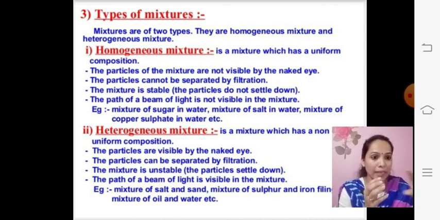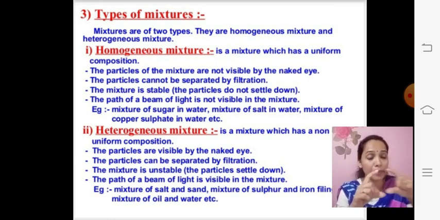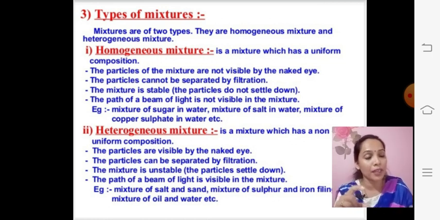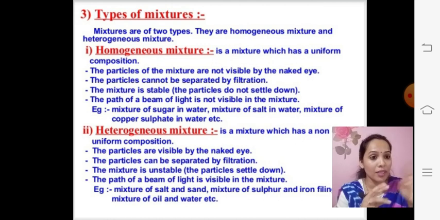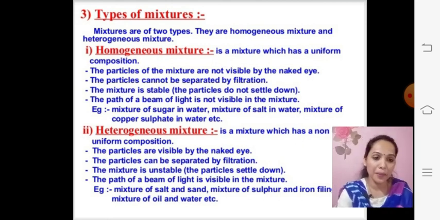The beam of light increased its width and you can see the beam of light where it is moving. The path of light is visible through two samples. Which were the two samples? Chalk powder and water and milk, right? Through those, when a beam of light was passed, you could see. So, those two are the examples for heterogeneous mixtures.